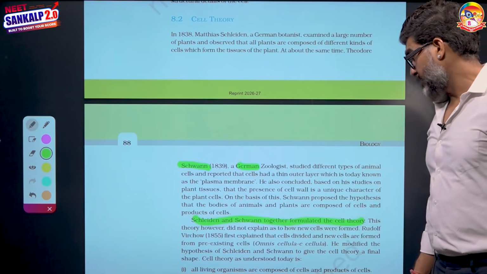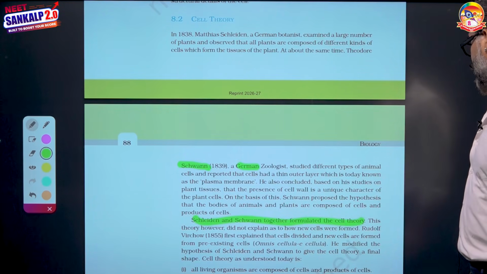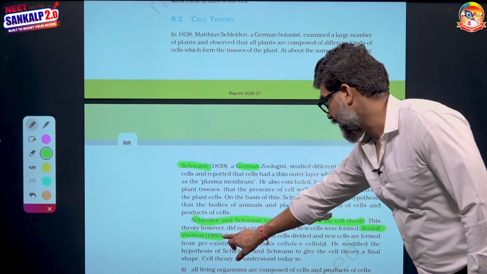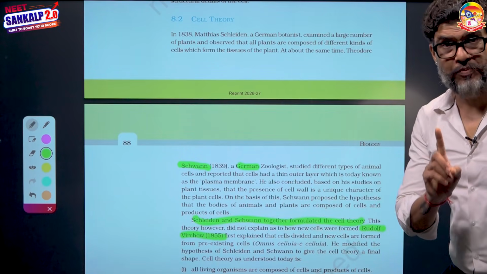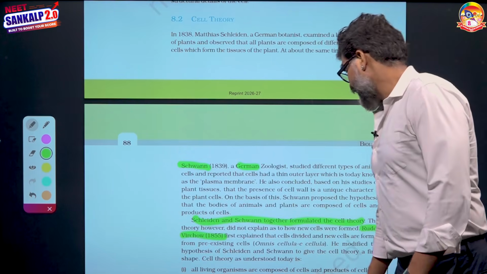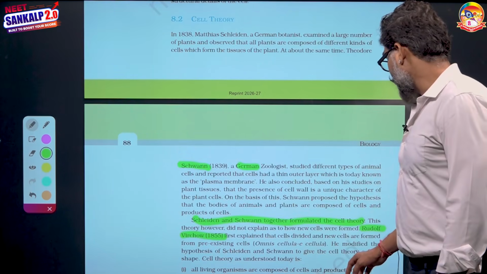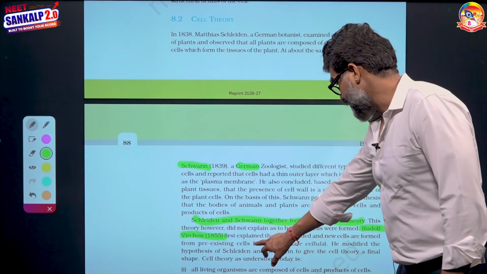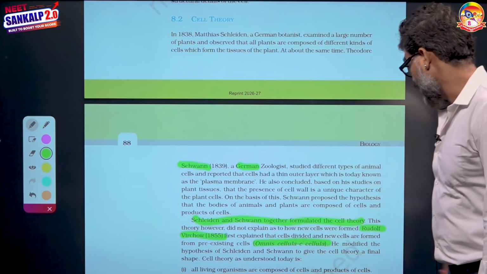So there was one modification, carried out by Rudolf Virchow in 1855. Keep the years in your memory because they are as significant as other information. He explained that cells divide and new cells are formed from pre-existing cells, and for that there is a phrase: omnis cellula e cellula.